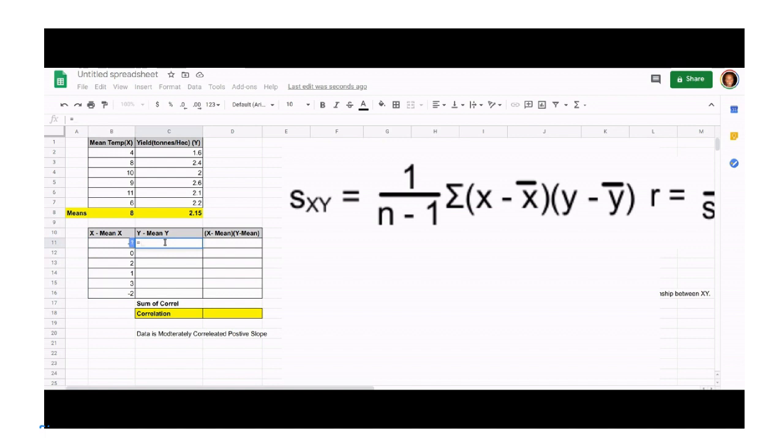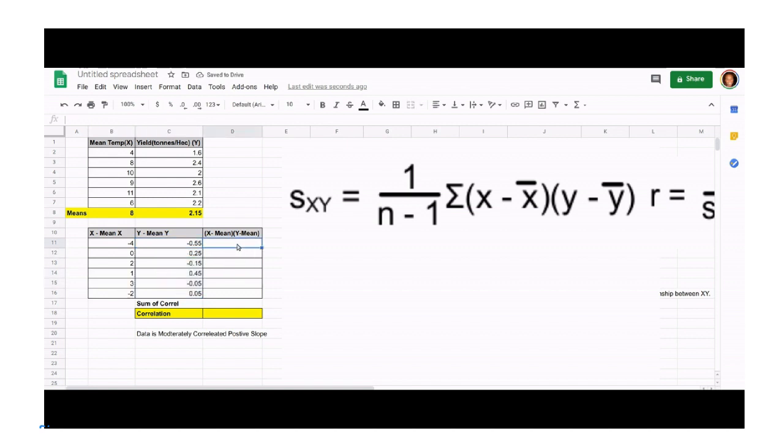And then we do the same again for our y's, where we say C2 minus C8 and then hit F4. And then it makes it an absolute reference. Click the bottom right toggle and copy your information down in your sheet.